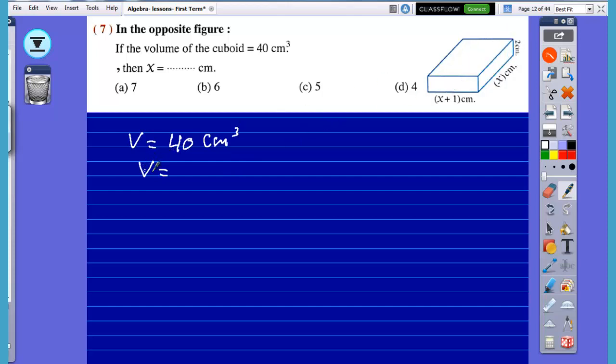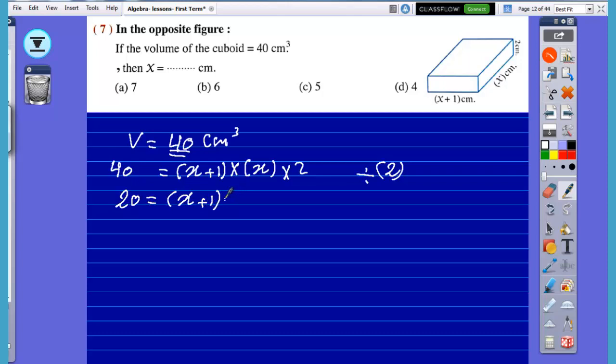So V equals x plus 1 multiplied by x multiplied by 2, and V equals 40. To solve this equation, we divide both sides by 2. What we get? 20 equals x plus 1 multiplied by x.